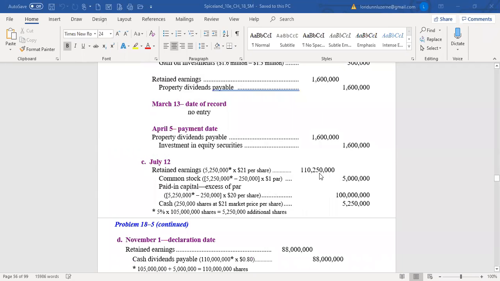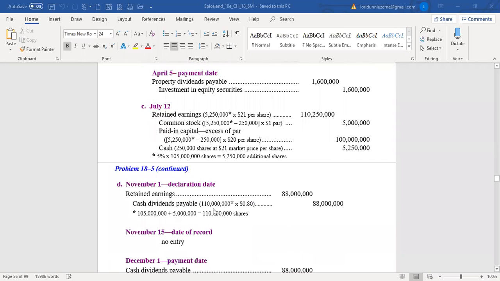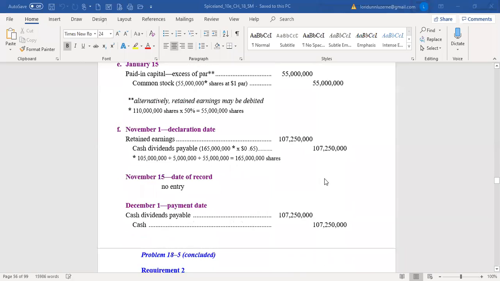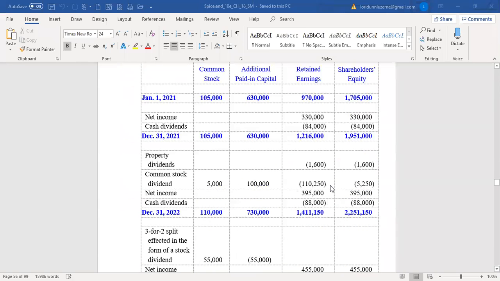Oh, we had a stock dividend. It increased common stock, paid-in capital in excess of par, but decreased retained earnings. And then the final item was a cash dividend, which decreased retained earnings. So there they are. There's your stock dividend, decreasing retained earnings, but increasing additional paid-in capital in common stock.